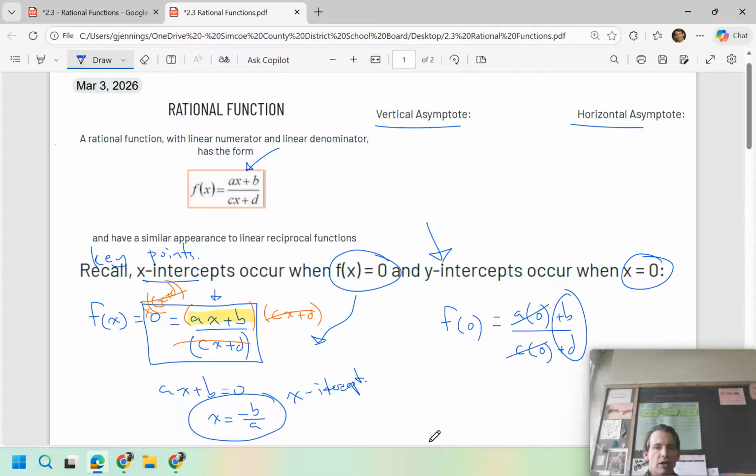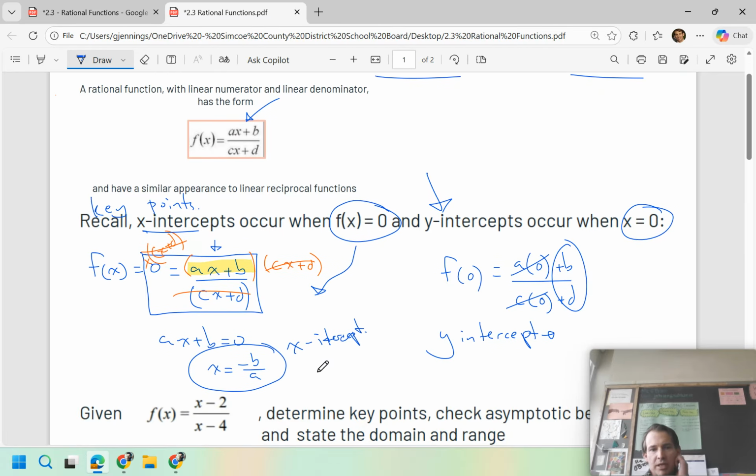Gone. b on d is your y-intercept. And so your x-intercept, properly, would be negative b on a, 0, because the y value is 0, because we set it so. And then your y-intercept would be 0, because we set it so, b on d.